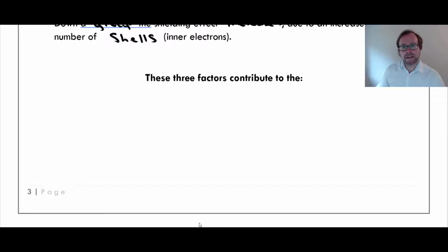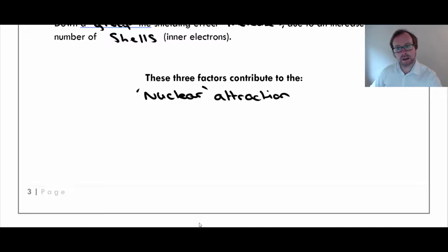Okay, so the three factors we've talked about contribute to the nuclear attraction. Sometimes it's called nuclear attraction, sometimes it's just called attraction, and this means the attractive force experienced by the outer electrons.